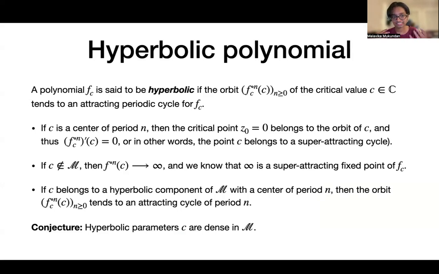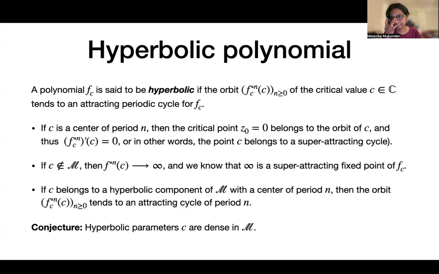Therefore, if C is a center of period n, then f sub C has a super attracting cycle, which is basically the cycle containing C. So in other words, the point C belongs to a super attracting cycle, and therefore f sub C is a hyperbolic polynomial.